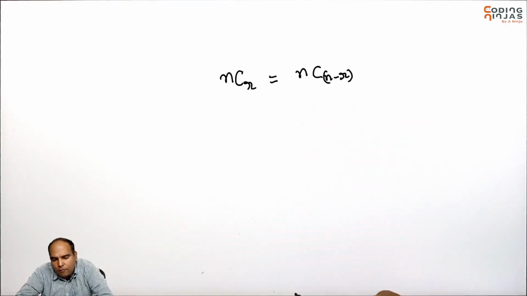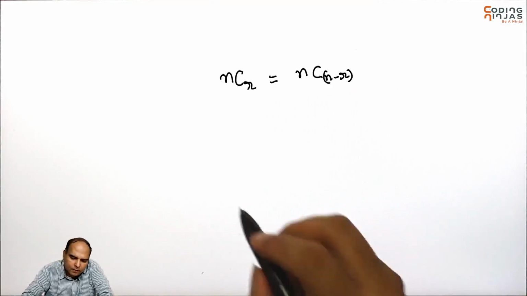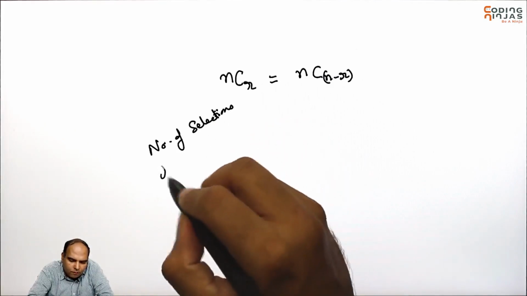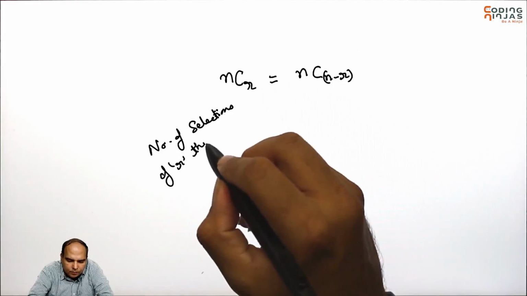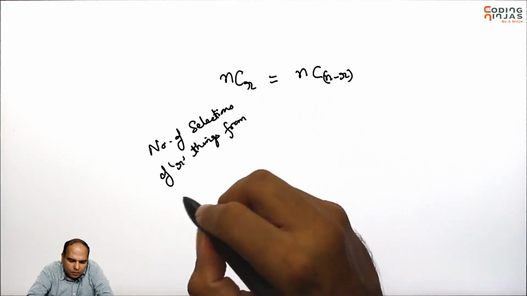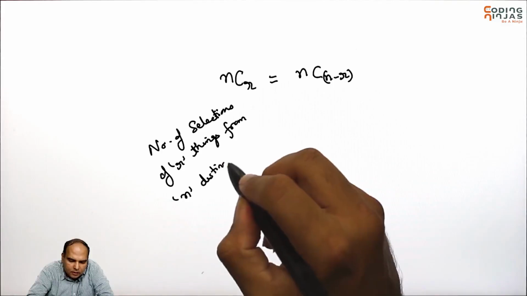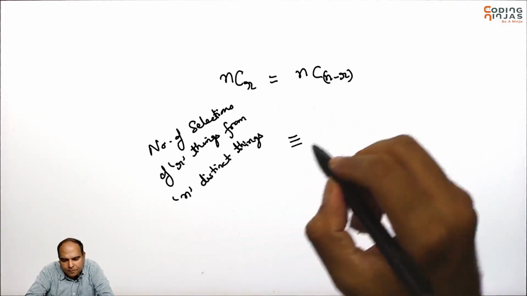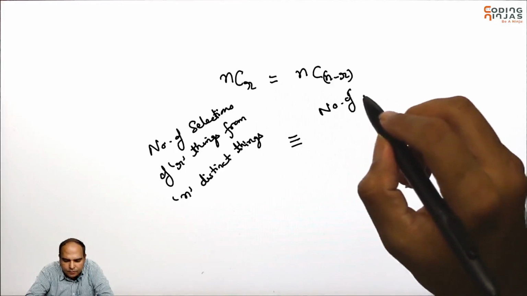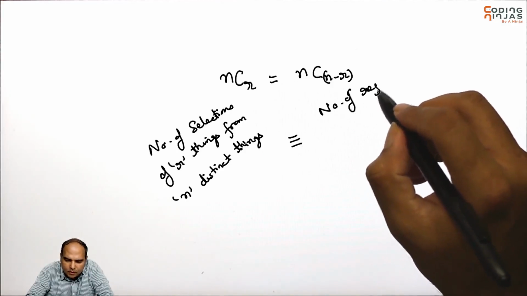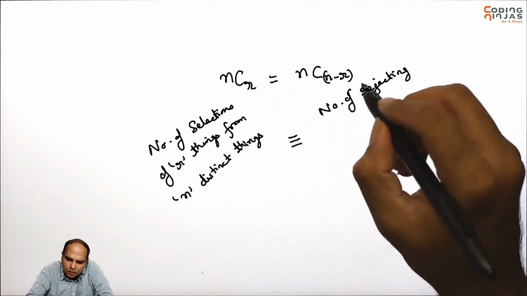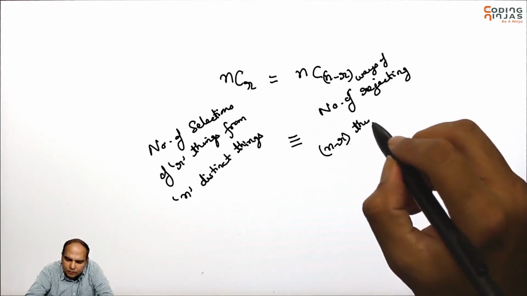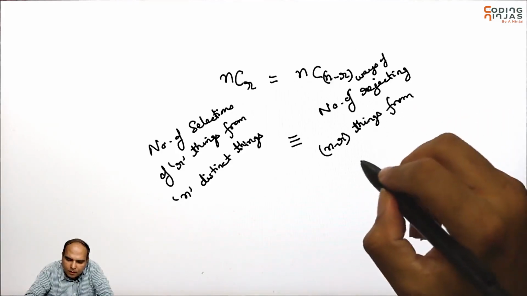This is another formula you should know, and this formula comes from the logic that the number of selections of r things from n distinct things is the same as the number of ways of rejecting n minus r things from n things.